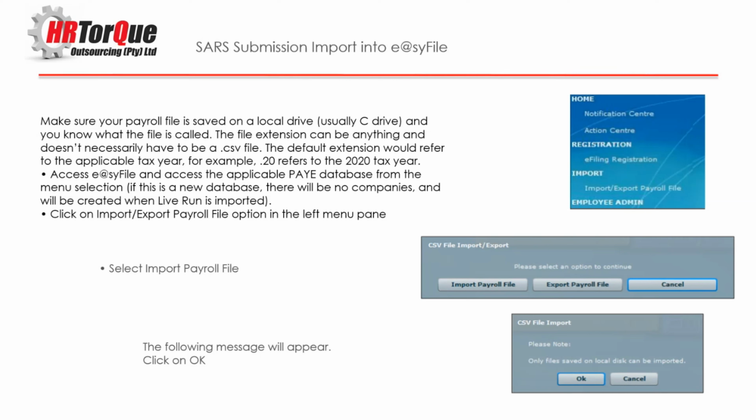With most of the files that you get from the various software, the tax year is in the extension so that you can make sure that you are loading the correct file. But in essence, from the left-hand menu, you select import payroll file. Once you've selected it, this little pop-up will jump up, and then you select import payroll file again, and it tells you that only files on the local disk can be imported.